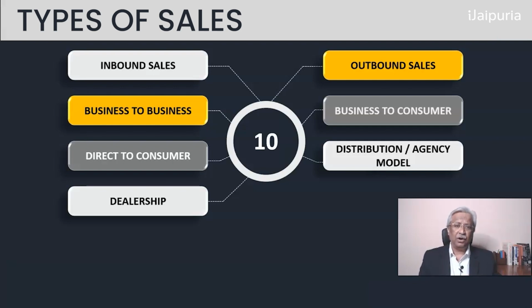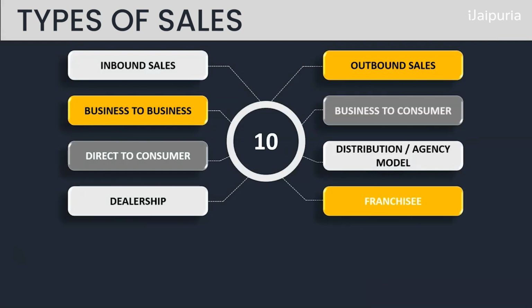Since the value of the product is so high that it cannot have multiple layers of distribution partners, the company goes about appointing dealers in respective countries, locations, and cities, and makes sure that the product is sold. So Maruti, Hyundai, Mercedes, Toyota, all these companies adopt this method of selling. So dealership is also one way of doing sales.